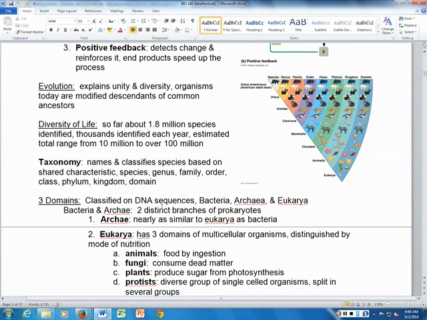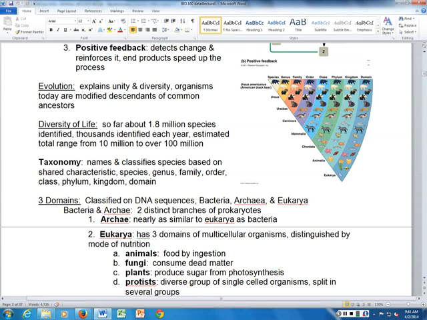Taxonomy is a way of naming and classifying the different species, and they do this based on shared characteristics. You start out with your domain, which is very broad, and you can see that by the big piece of the pie.